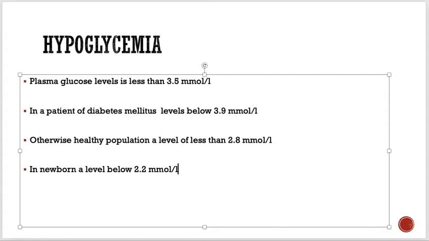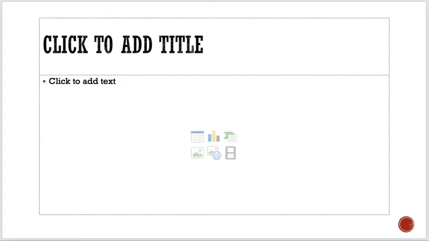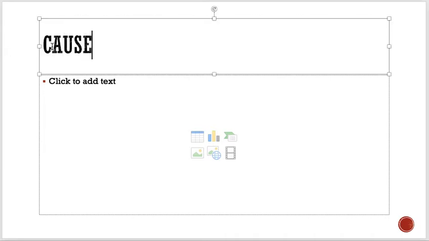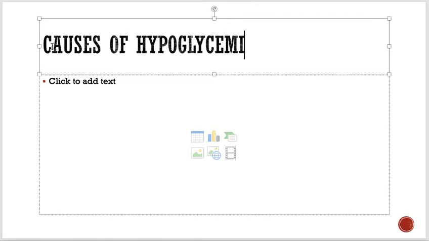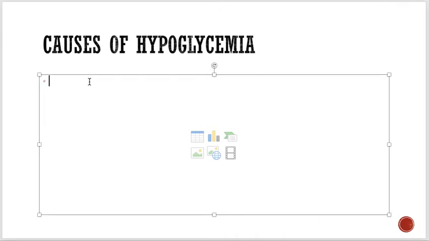So simply, guys, whenever someone has hypoglycemia, what can be the causes? Hypoglycemia most commonly occurs in a diabetic patient. And what kind of diabetic patient? The people who are using insulin or sulfonylureas. And especially those using insulin are type 1 diabetes people.